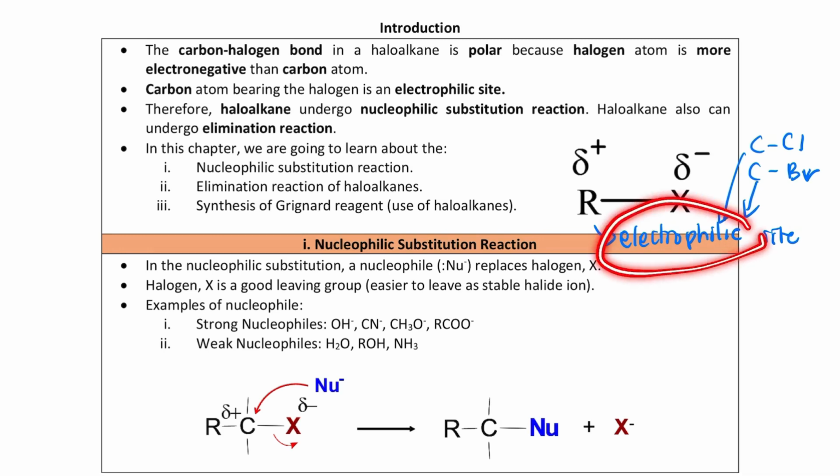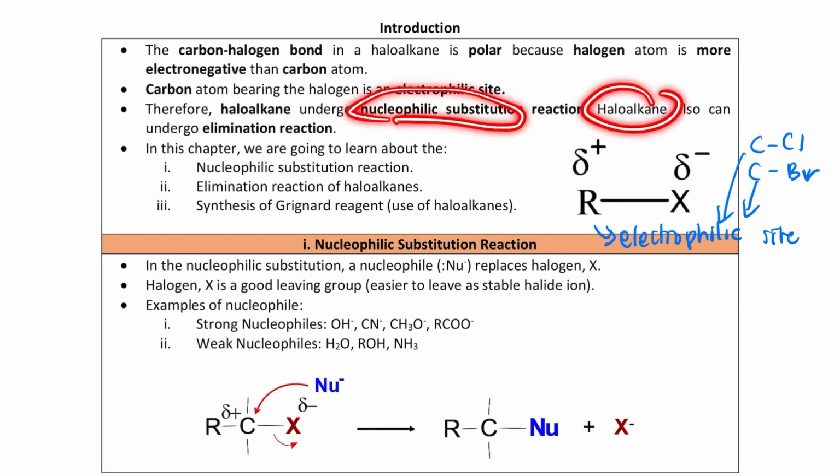Since dia punya side adalah electrophilic side, so the name of the reaction will be opposite. Okay, so maksudnya nucleophilic apa? Okay, since dia akan substitute Br ni akan keluar, so Br ni akan disubstitute oleh benda lain, so nama dia jadi nucleophilic substitution reaction.